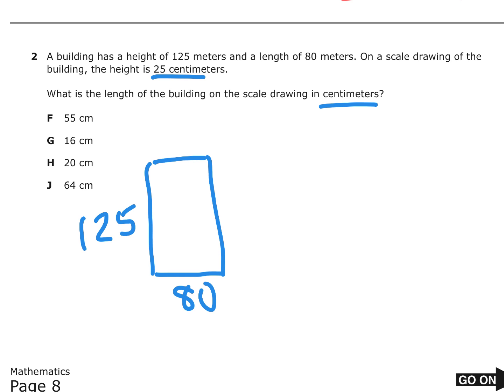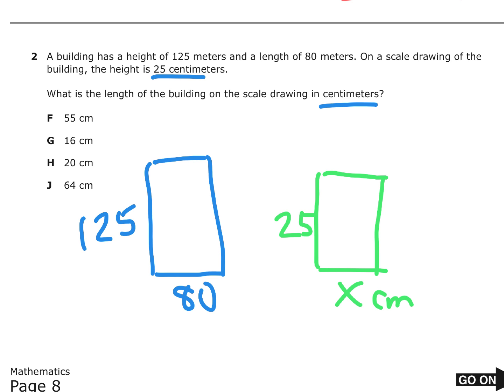Then I have another one, and let's say that this one, the height is 25 centimeters, and we want to know what is the length. So the length would be in centimeters. So this is centimeters, and this is centimeters. And this was meters, and this was meters. So meters is to meters, and then centimeters, centimeters.